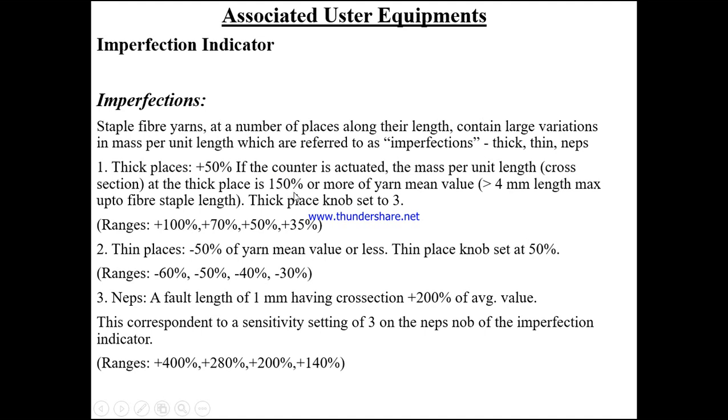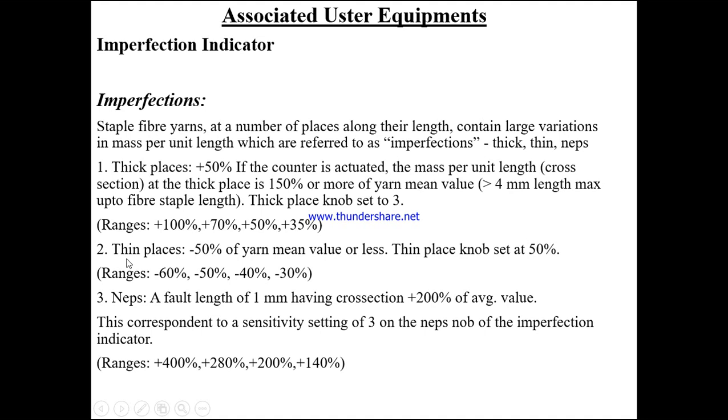The diameter will be 50% higher and the length of that thicker region should be more than 4 millimeter and maximum up to the staple length of the fiber. In case of Worcester tester, the thick place knob is set at position 3, and there are various ranges of thick places such as more than 100%, more than 70%, more than 50% and more than 35% enlargement in the yarn diameter, also called thickness.